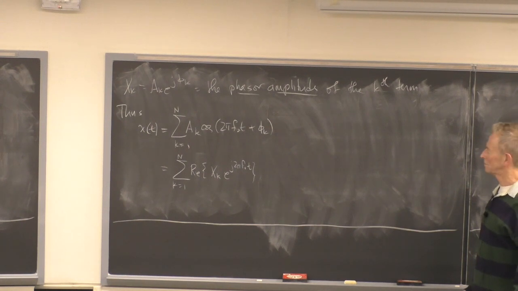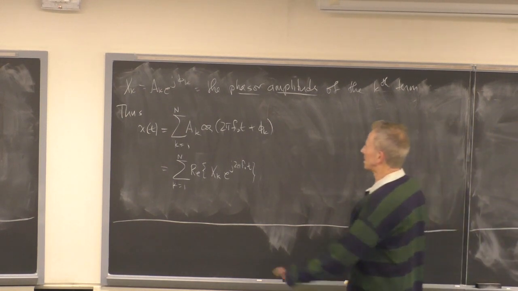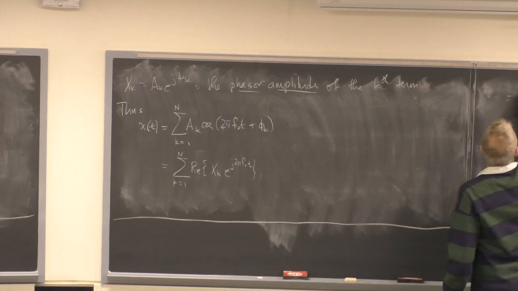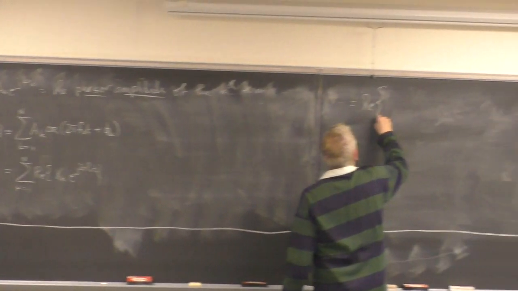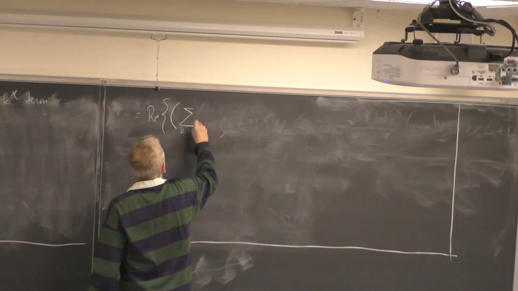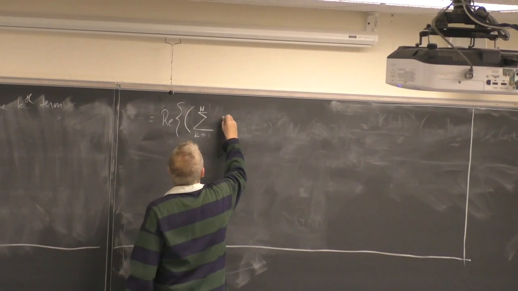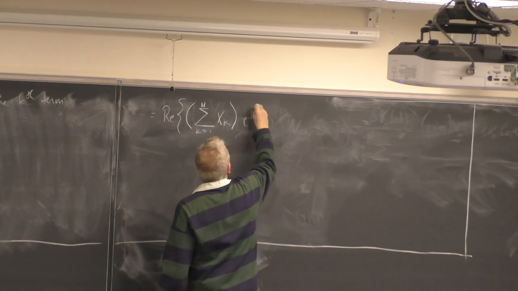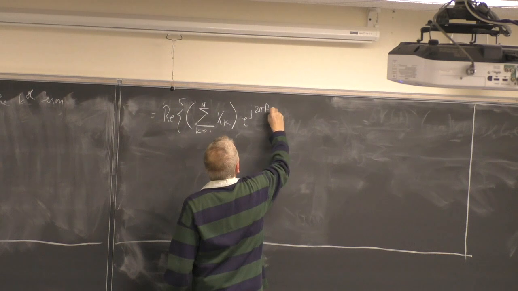Does everybody believe that? And the sum just slips inside the real part. So I get the real part of, in parentheses, the sum from k equals 1 to n of xk times e to the j 2 pi f0t.